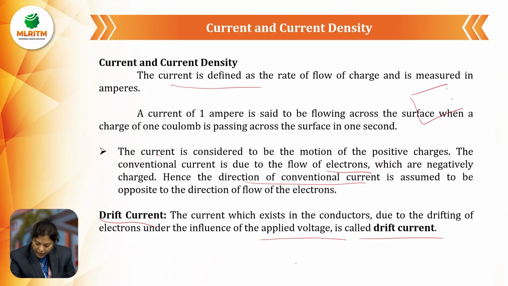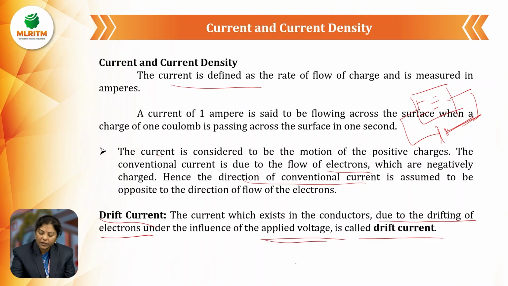When we apply the electric field, these charges will move. This is due to the drifting of electrons under the influence of applied voltage. That current, because of which these charges are moving, is nothing but the drift current.